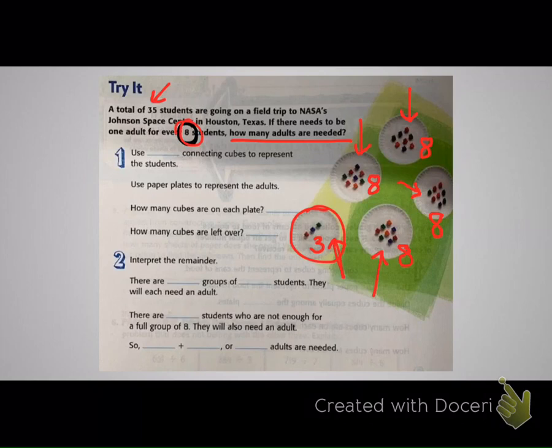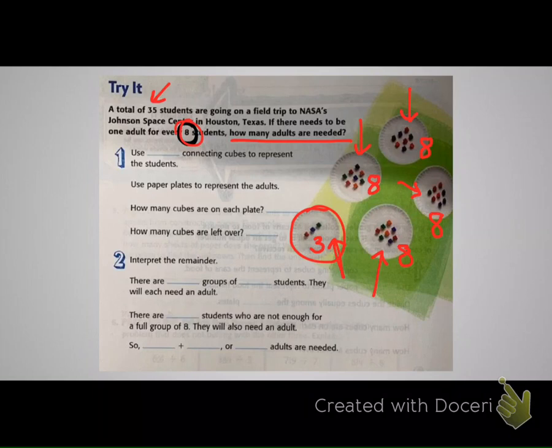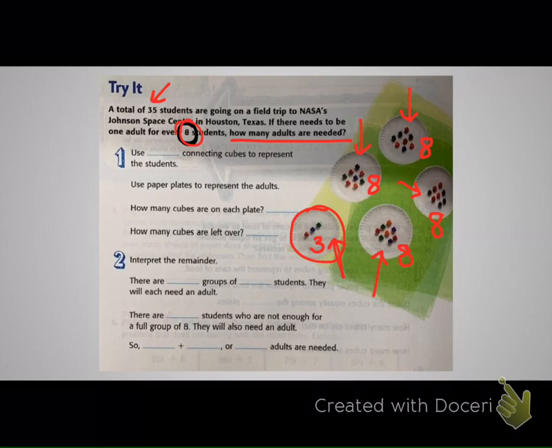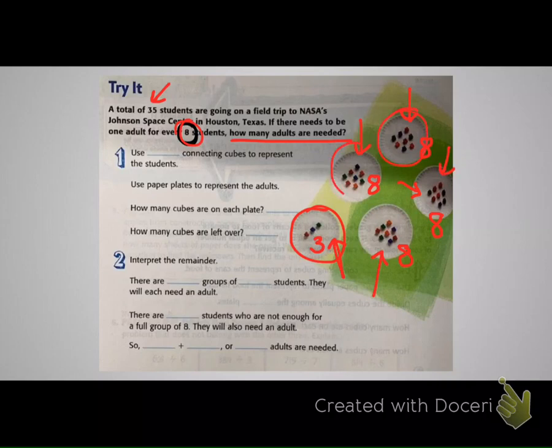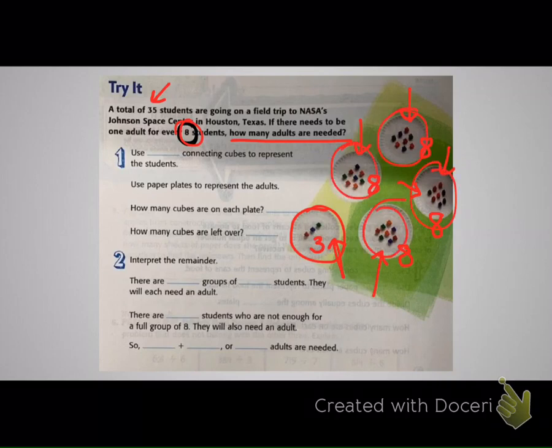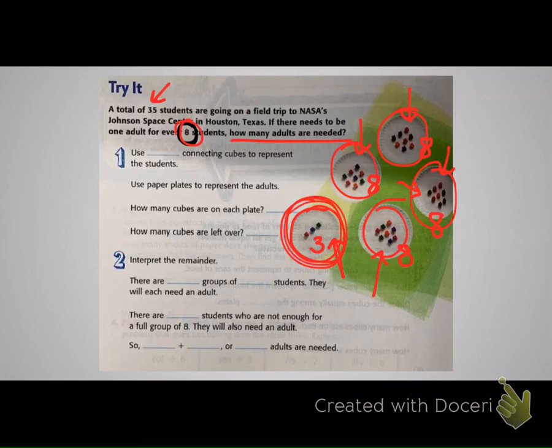We can't ignore them like we did in the last problem. This is a case where, like you have in your notes, we're going to have to round up number 1. So yes, we're not only going to need one for each of these groups of 8, we're also going to need one here for these 3 as well. So we're going to have to round up in this case.